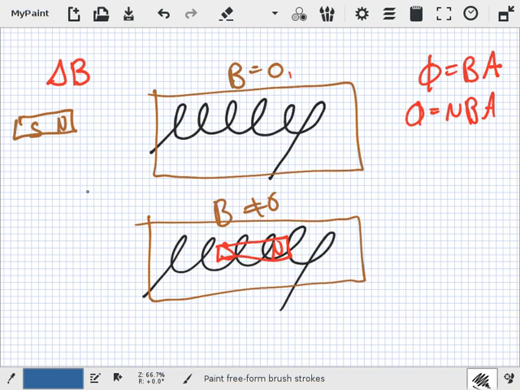It's a circular area here, because that's the area being cut by the magnetic field. We just measure one and multiply it by n, because it's looped around. Okay, well that's B. Now, what about if the A changes?